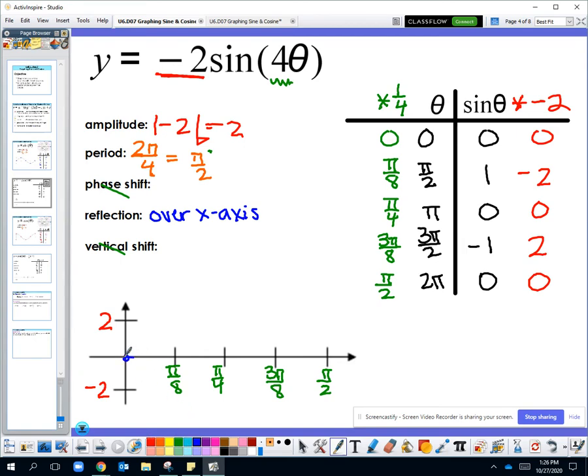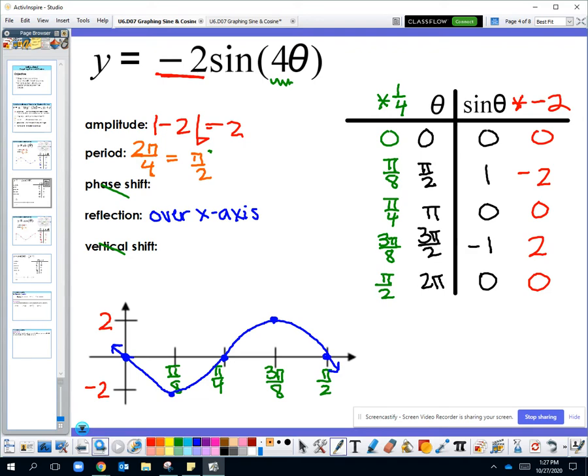We're starting at the origin. We'll travel down first, back to the x-axis, up to our max, and back down. And then we'll graph one full period. We can put arrows at the ends of these because we know this function's continuous, so we'll continue on to positive infinity as well as back to negative infinity.